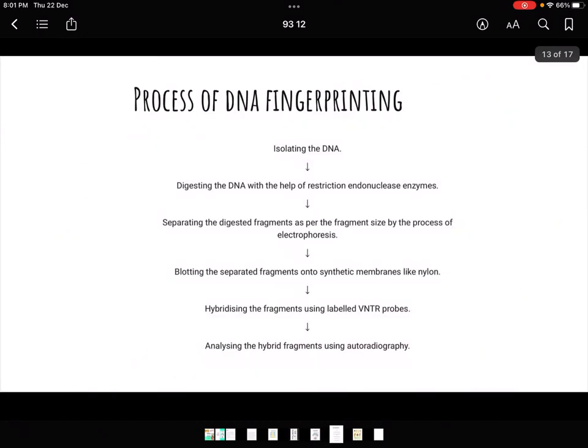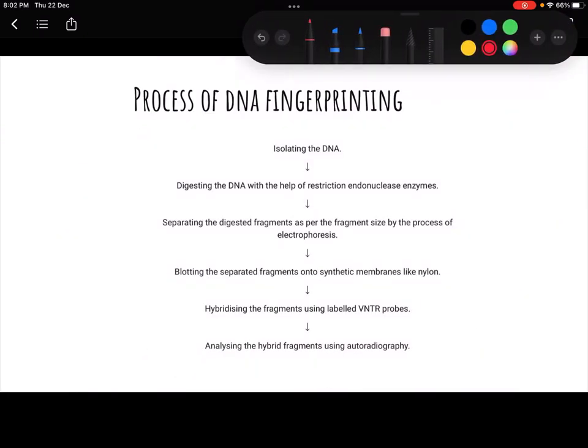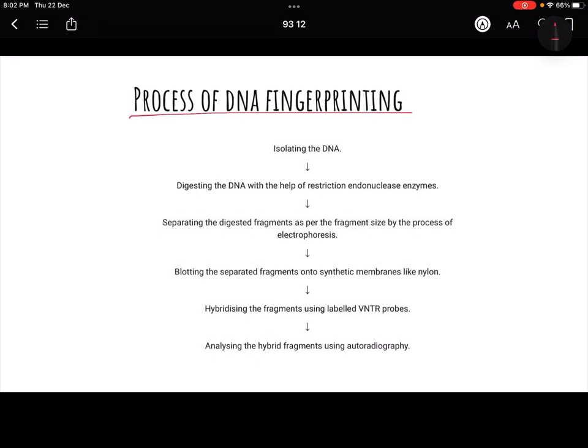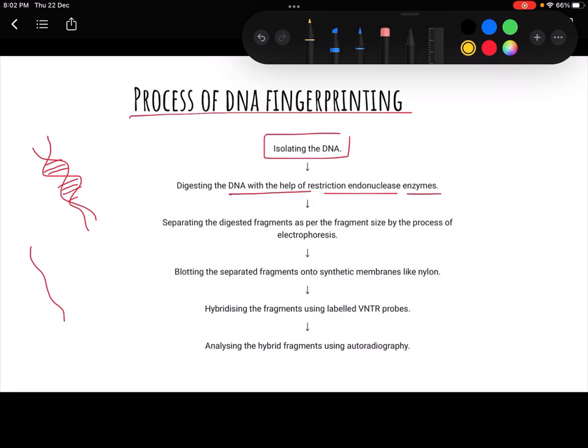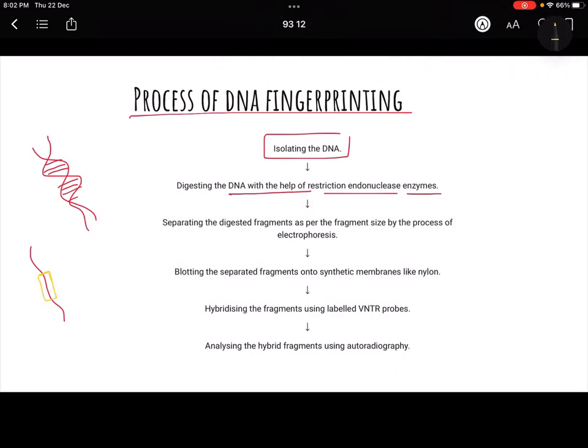So now this is the whole procedure of how we do DNA fingerprinting. Basically we isolate the DNA, which we took out from one of the chromosomes. Then we separate the fragments: with the help of a restriction enzyme we cut out some part.